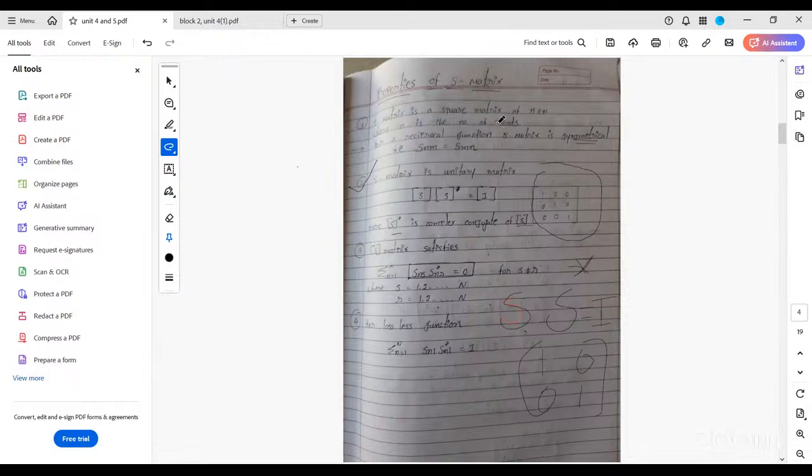Next, the S matrix is symmetrical. What is the meaning of symmetrical here?